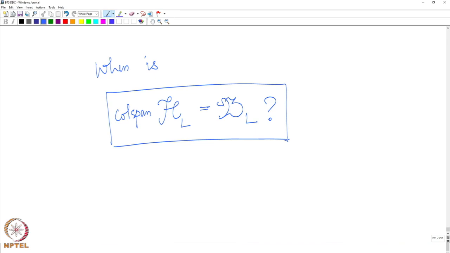Okay. And it turns out that there is a sufficient condition for that, this famous lemma, which is called the persistency of excitation.